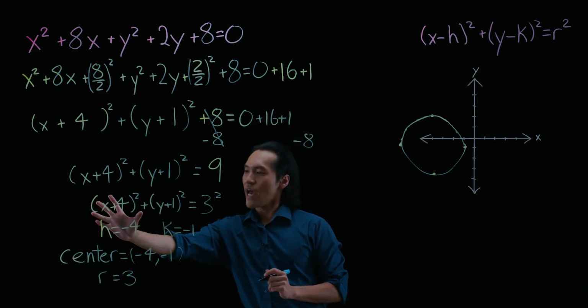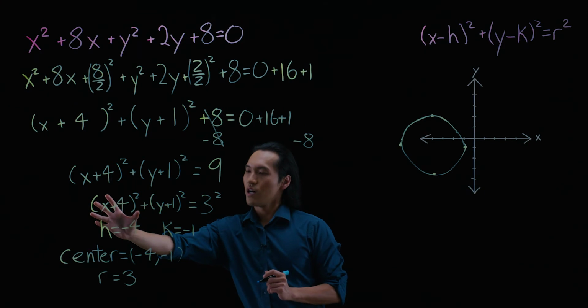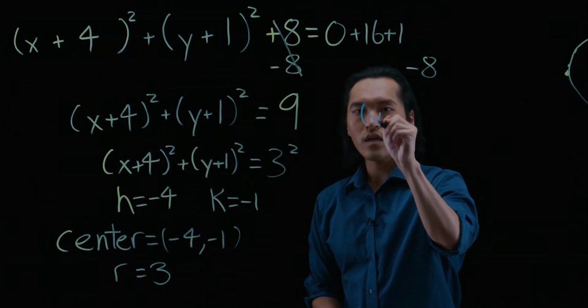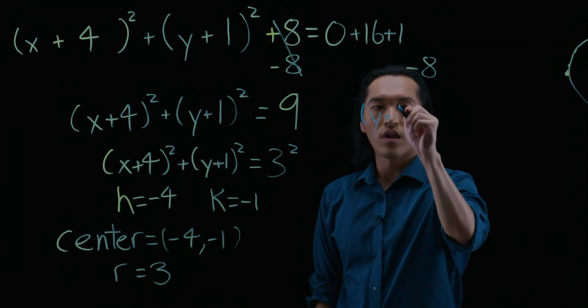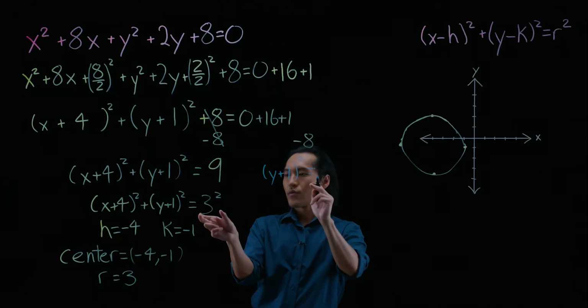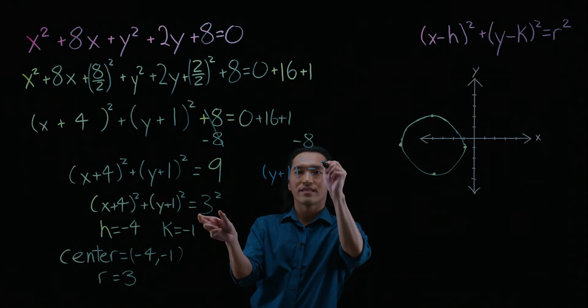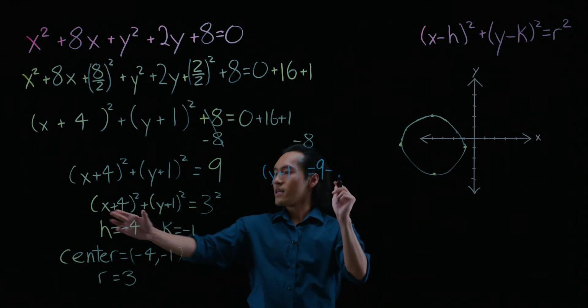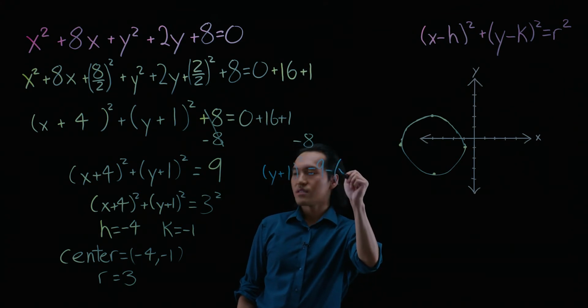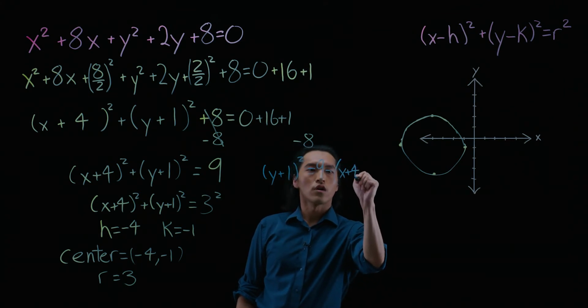So let's subtract this part of the equation to the other side. That then gives us (y + 1)² is equal to, we can just simplify this, 3 squared is 9, minus this part, which is (x + 4)².